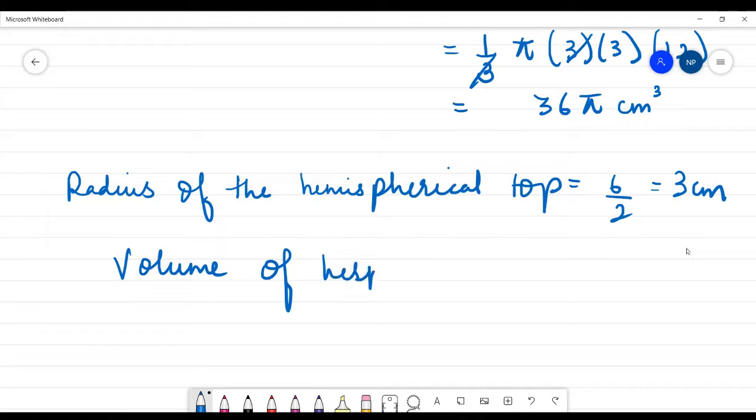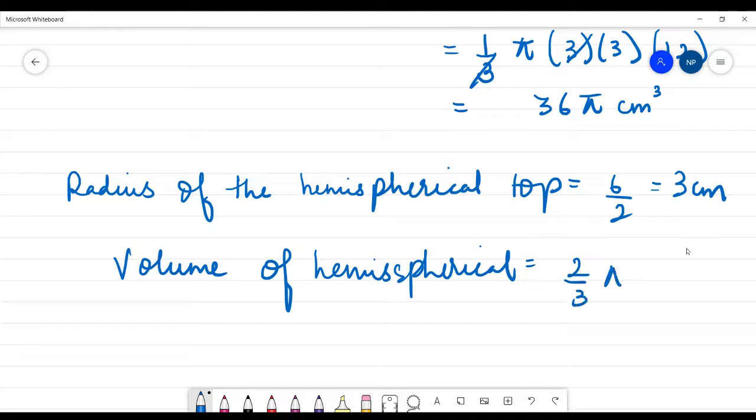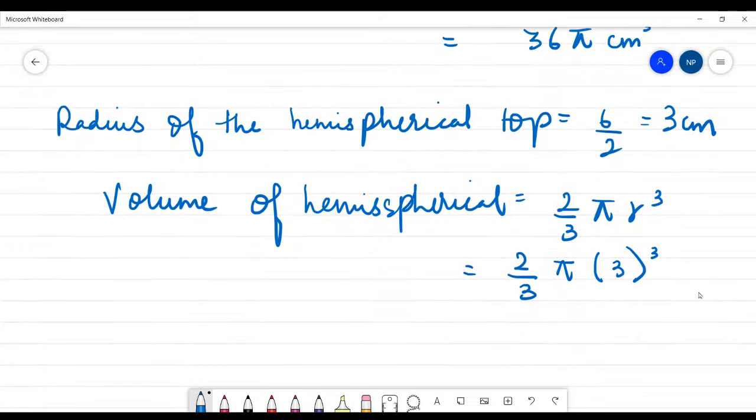Volume of hemispherical top will be equal to 2 by 3 pi r cube. So we will get 2 by 3, pi as it is, r cube, we will get 3 cube. So one 3 will be cancelled with the denominator. This will be 3 into 3 into 3. We will be left with 18 pi centimeter cube, right?